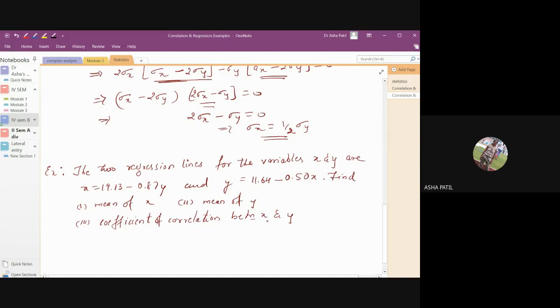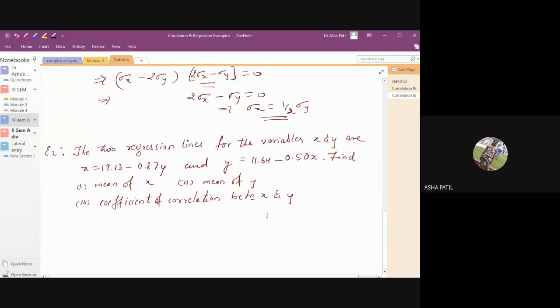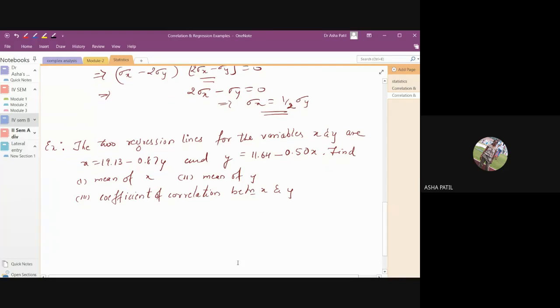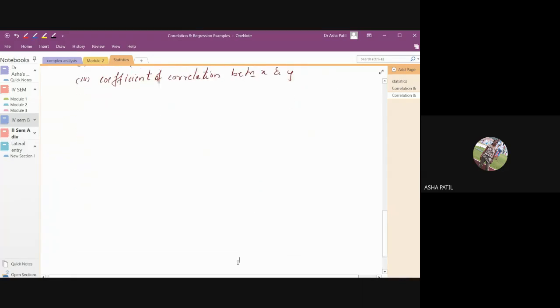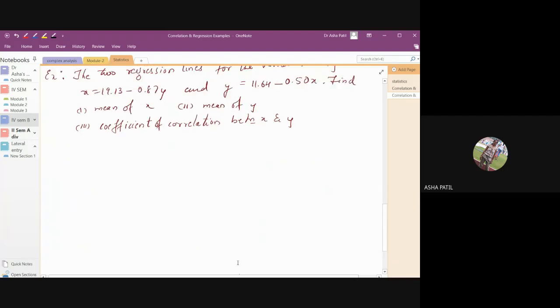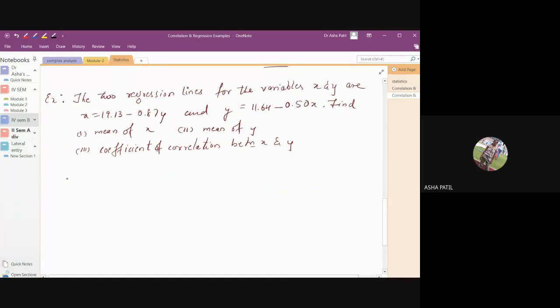I think one such example we have done already, that library example. What is to be considered at the beginning? Be quick. What do you have to consider?